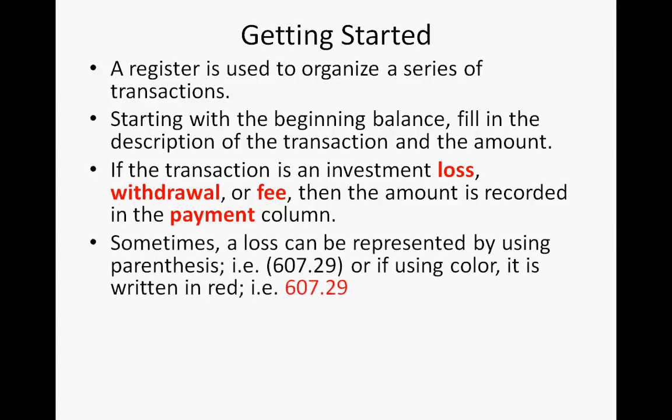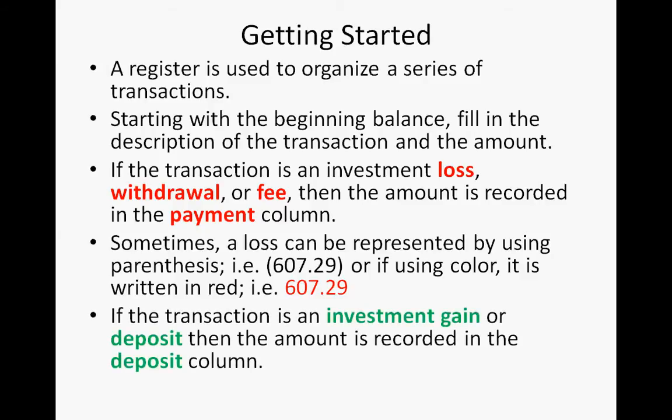Sometimes a loss can be represented by using parentheses, such as a withdrawal or subtraction of $607.29 would be put in parentheses, or sometimes people use color, and it's typically red, used to show a loss or a subtraction or withdrawal.